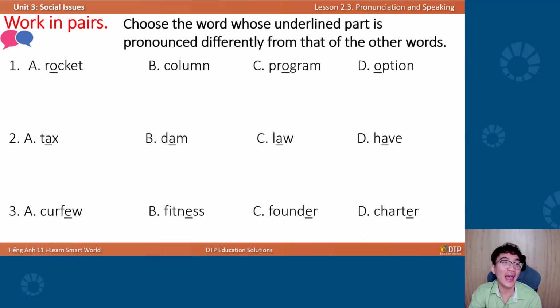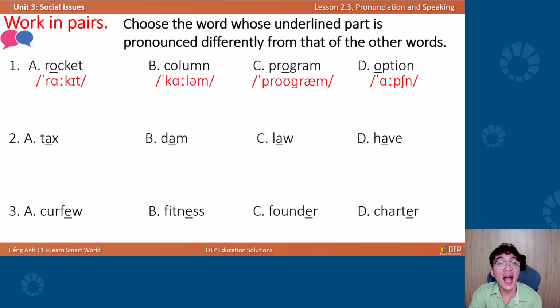Now we do another activity. This time, please choose the word whose underlined part is pronounced differently from that of the others. For example, number 1, I'll do it for you first, okay? A. Rocket. B. Column.